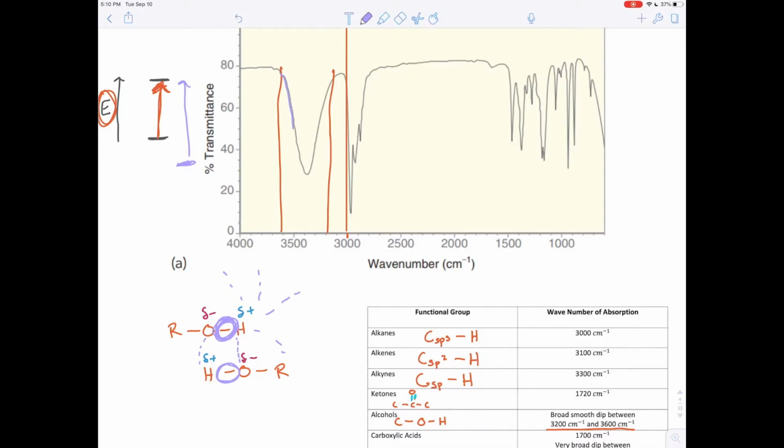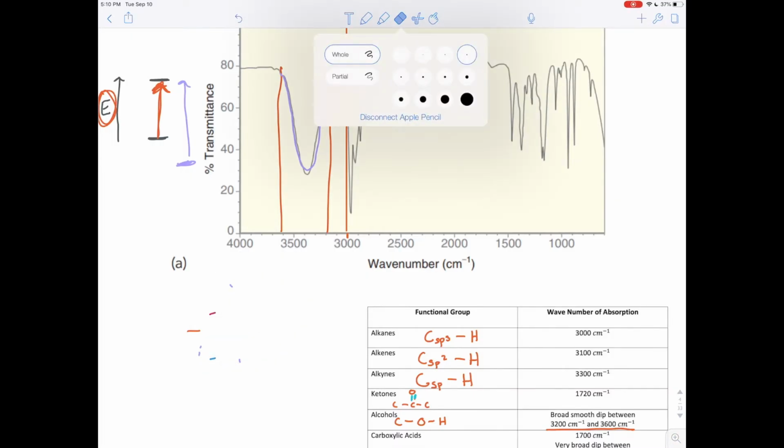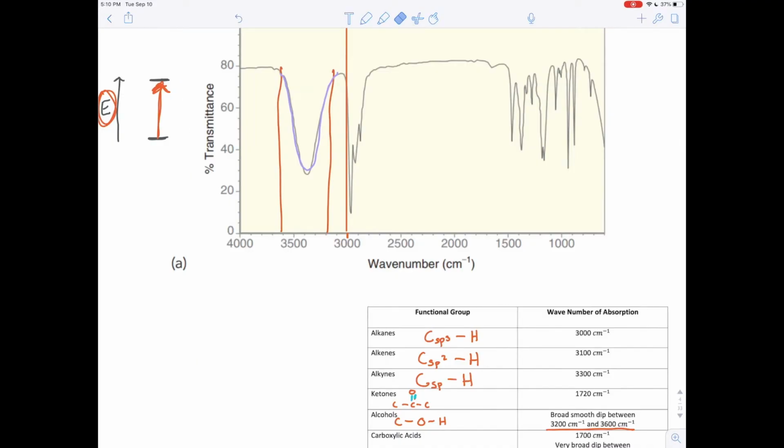And so what you get is a spread of different amounts of energy based on the spread of different amounts of intermolecular forces that affect specific alcohol molecules. So 3,200 to 3,600 is an alcohol, smooth and broad.